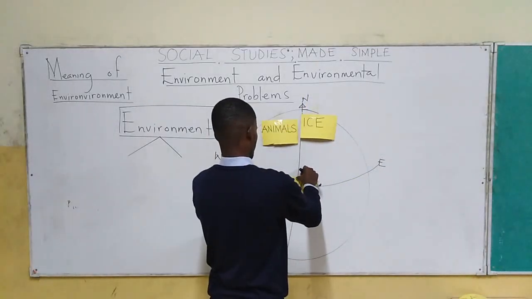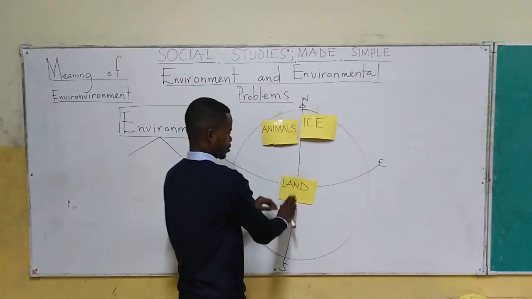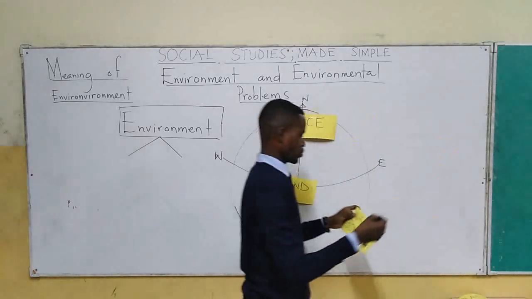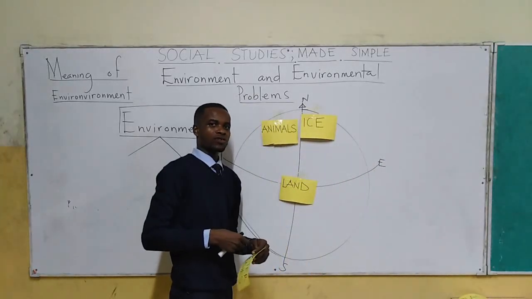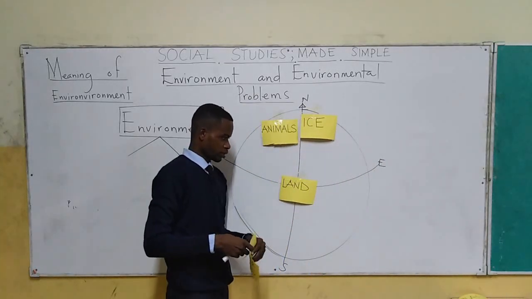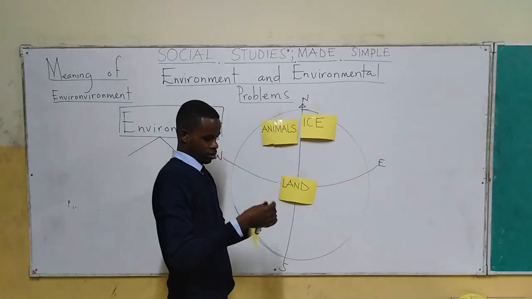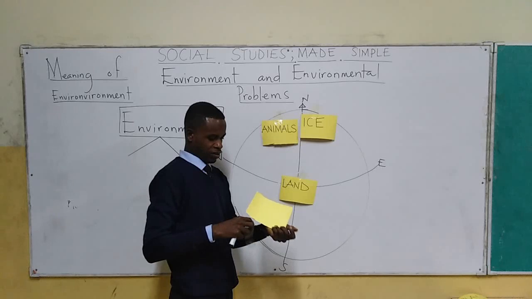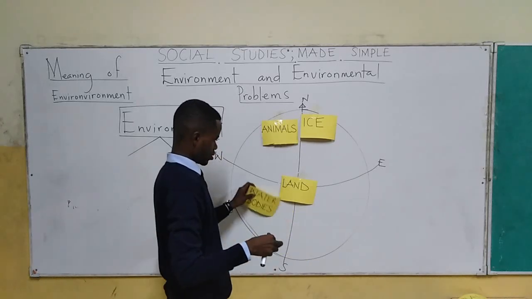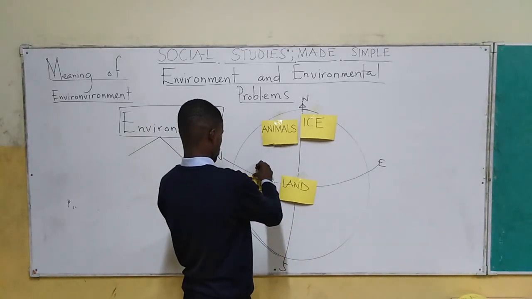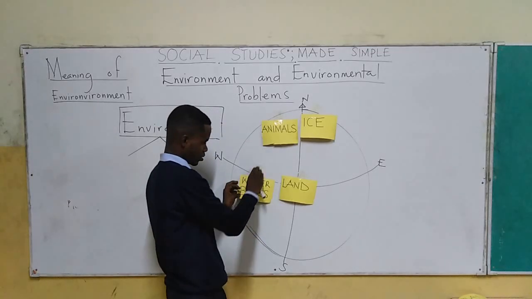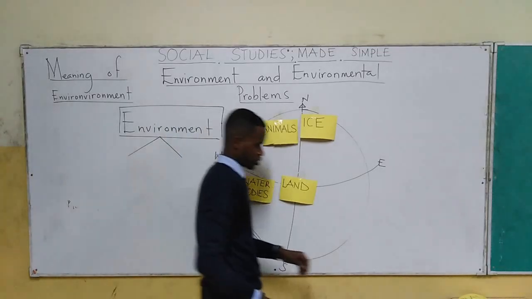Putting it in the middle. You've been told that the surface of the earth is covered by water body, about 70%. So we have land covering 30%, the crust, water bodies.